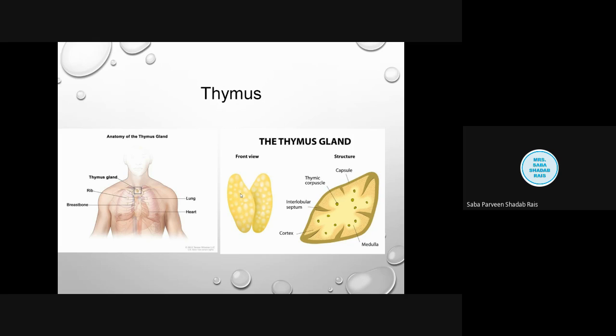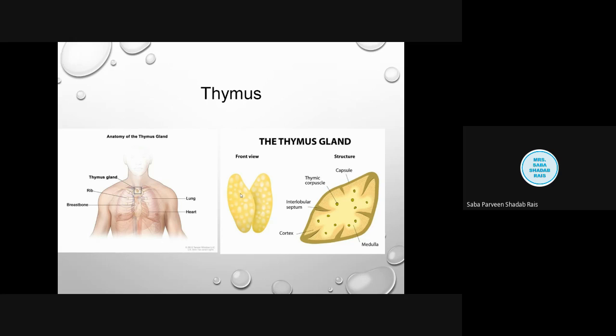Students, are you there with me? Yes, ma'am. So tell me what you know about the thymus. It's responsible for producing and maturing lymphocytes. Excellent, Nasir. Thymus has a role in maturing the T cells.